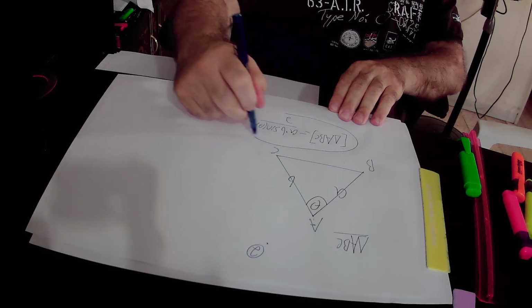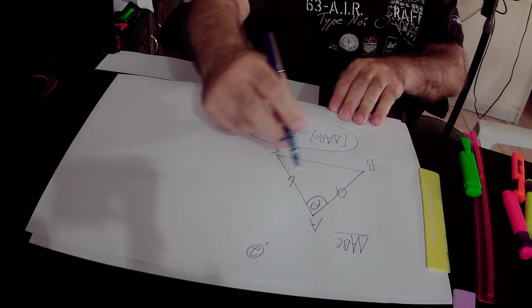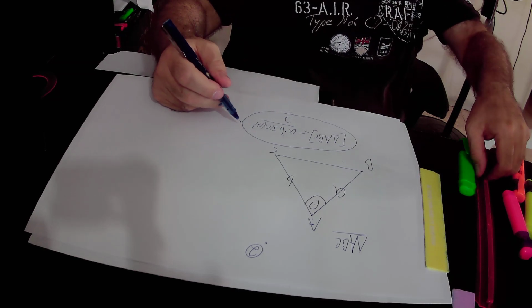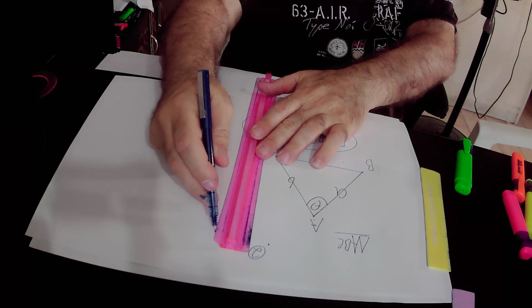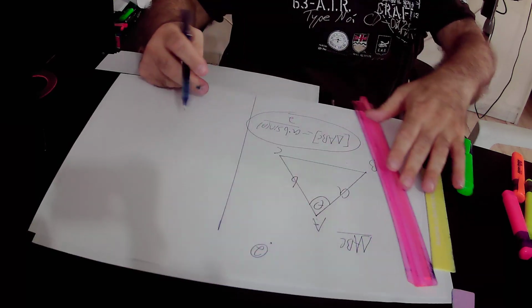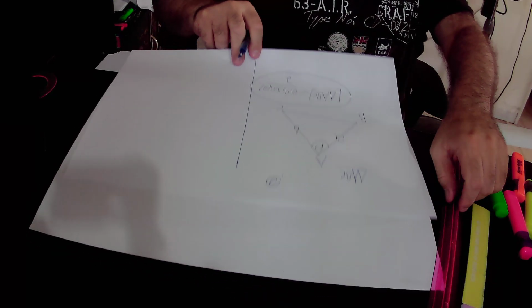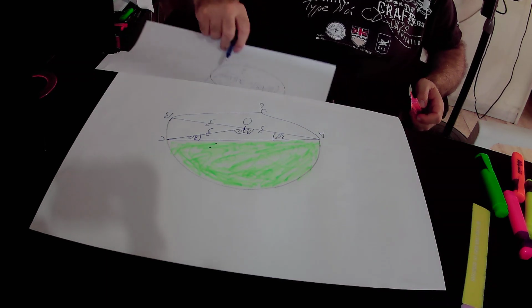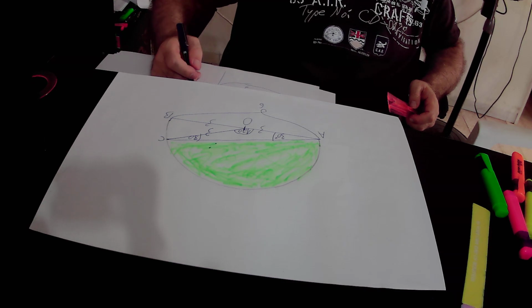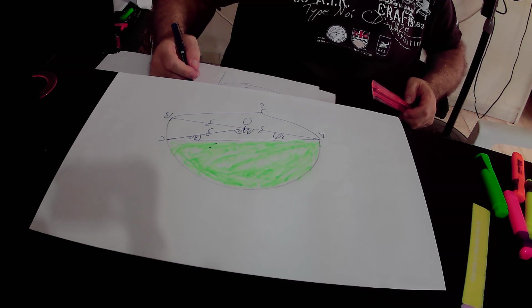Again, the area of this triangle ABC equals A times B times sine theta over 2. We use this new formula in order to find out the area of triangle AOC. So I copy triangle AOC here and we implement the new formula.